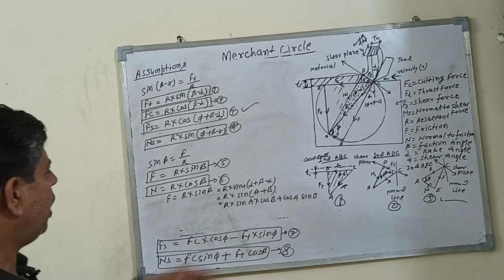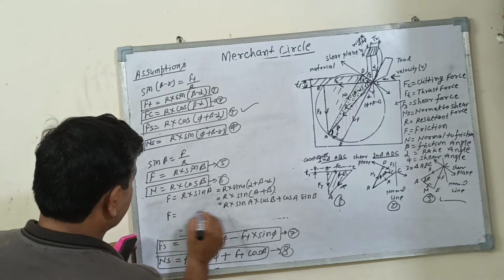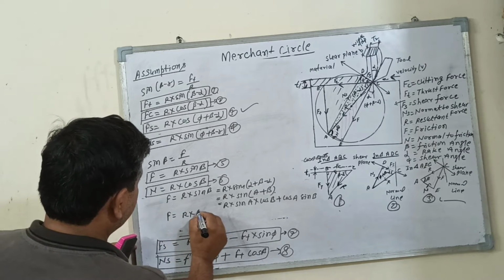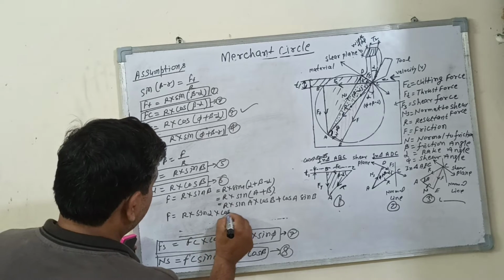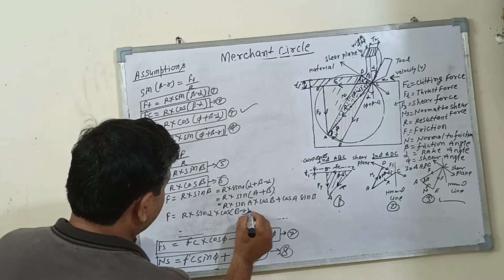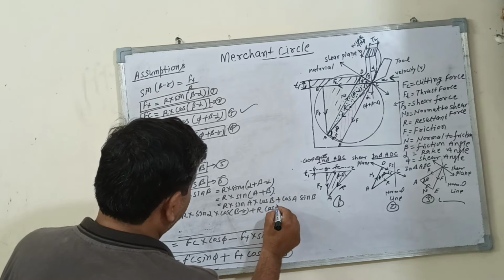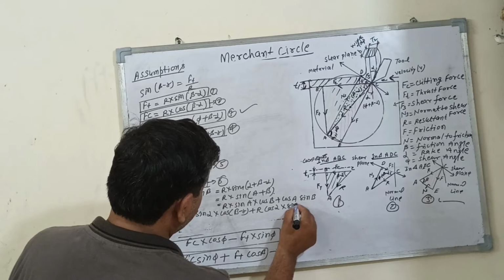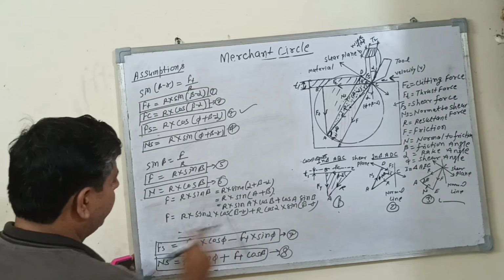This is the formula I used. Same is applied here: F is equal to R into sin alpha into cos(b − alpha) plus R cos alpha into sin(b − alpha). This is the value of here.